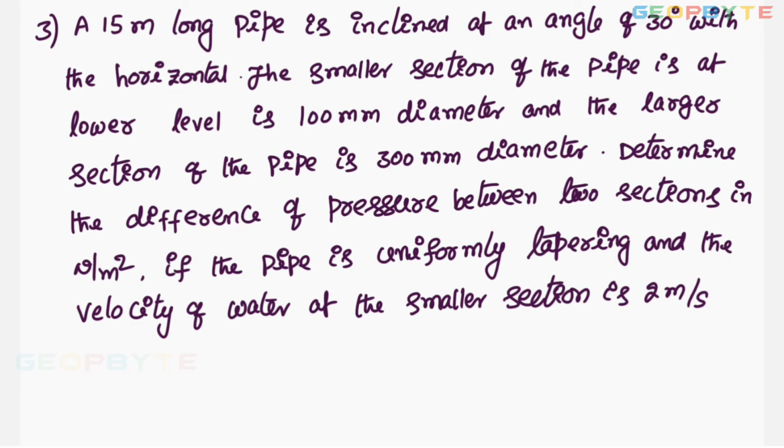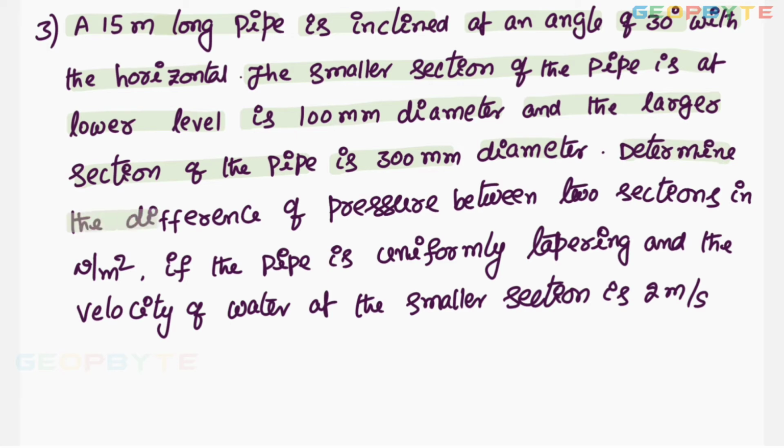Look at the next problem. A 15 meters long pipe is inclined at an angle of 30 degrees with the horizontal. The smaller section of the pipe is at the lower level, is 100 mm diameter, and the larger section of the pipe is 300 mm diameter.